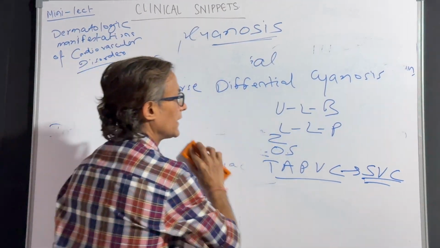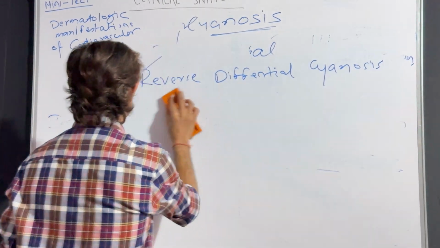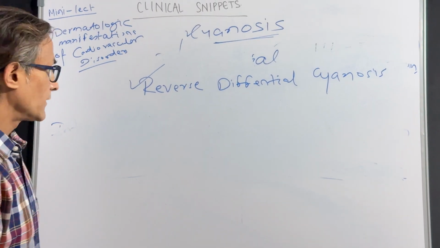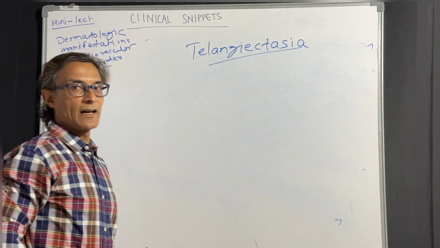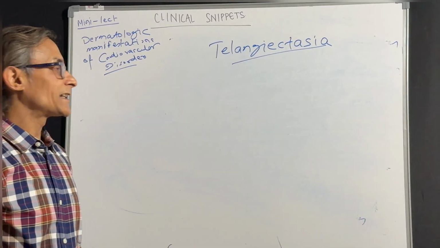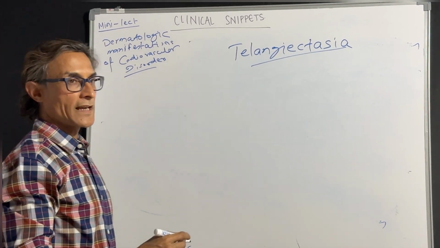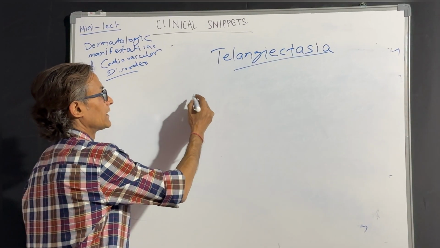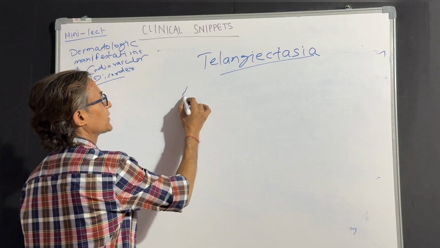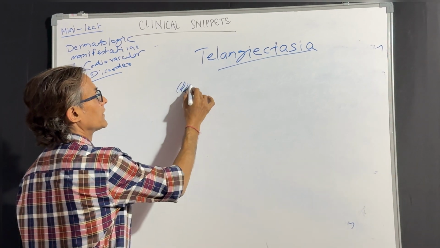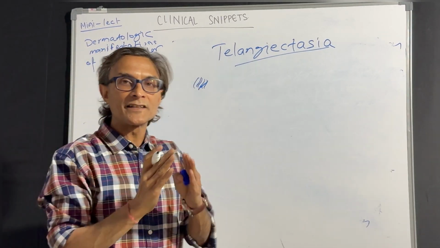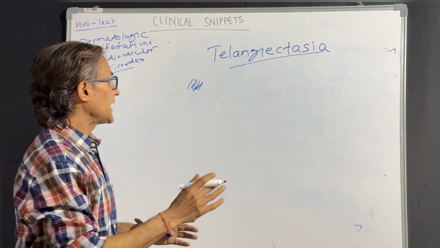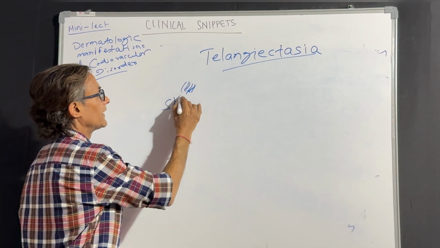And lastly, there is an anomaly which is known as telangiectasia or telangiectatic spots. So what are these telangiectasia? They are subcutaneous dilatation of the blood vessels. So the subcutaneous blood vessels are dilating. They appear like spider nevi.